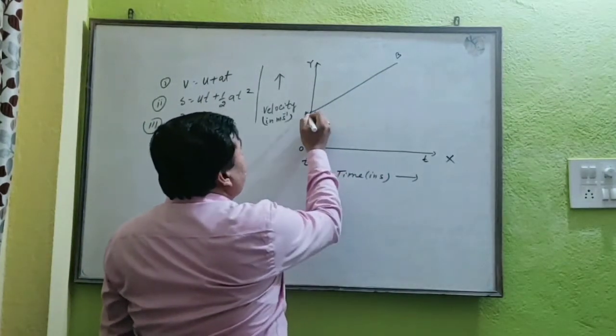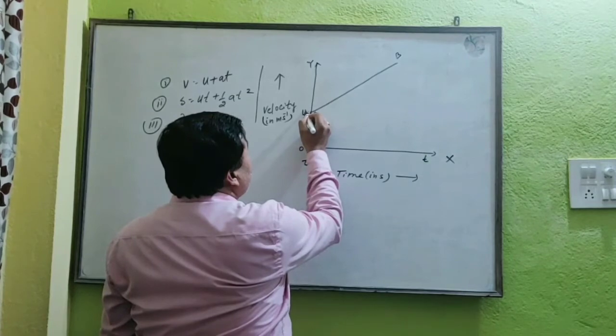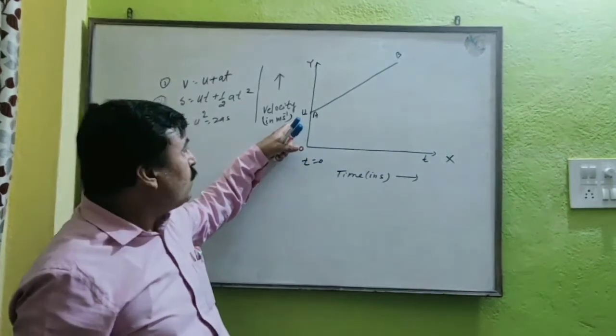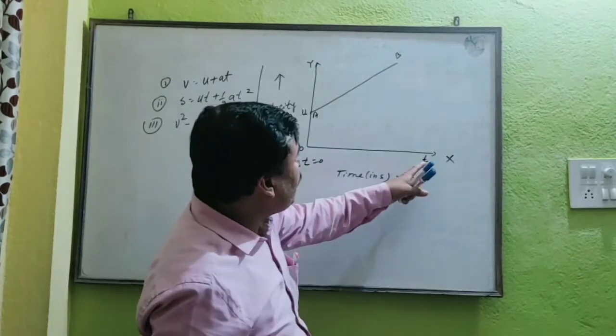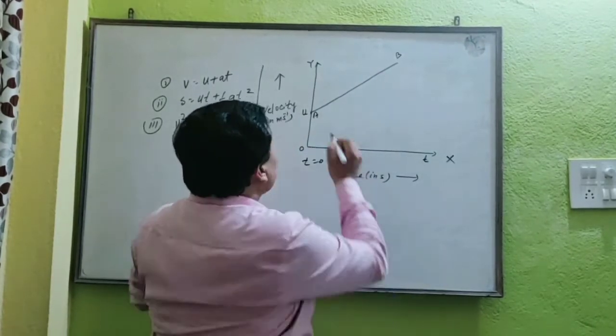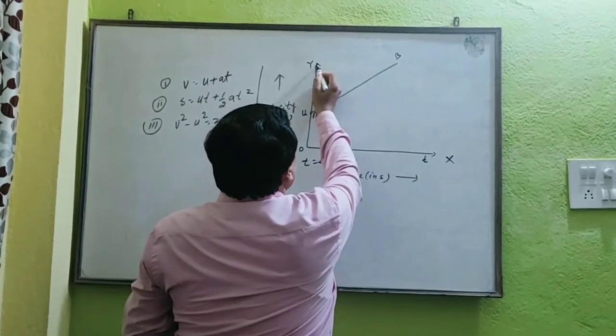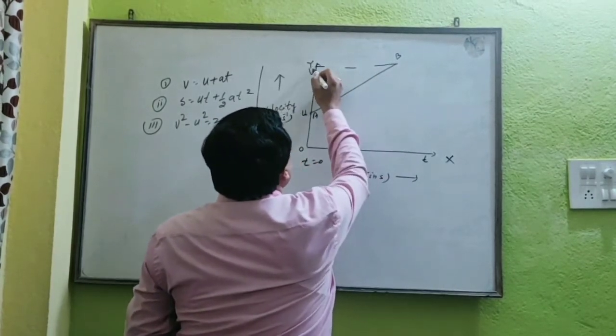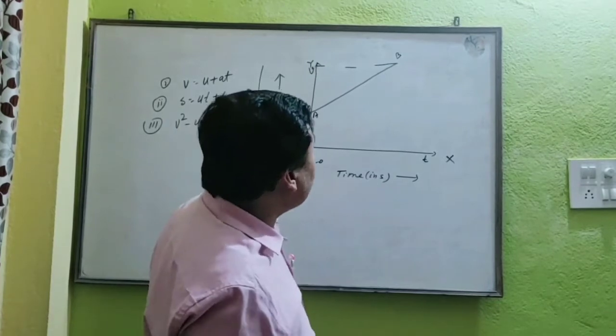At A, the initial velocity is u when t equal to 0. Then after time t, the velocity of the body is v.